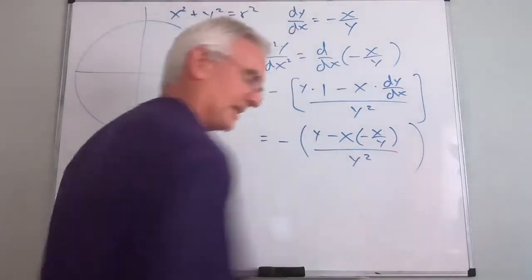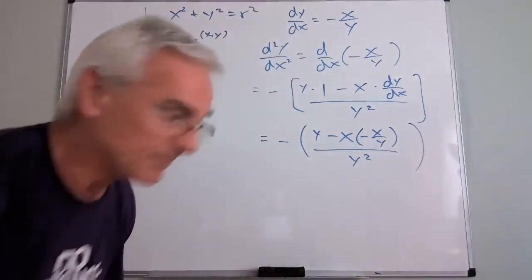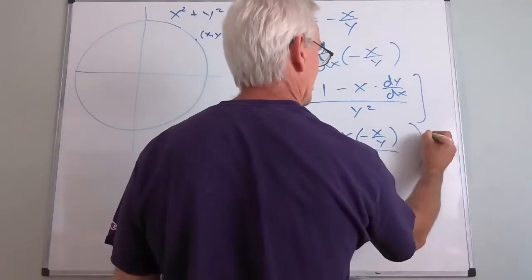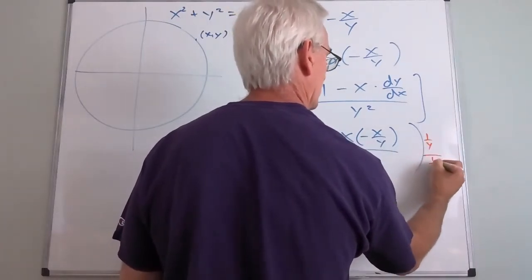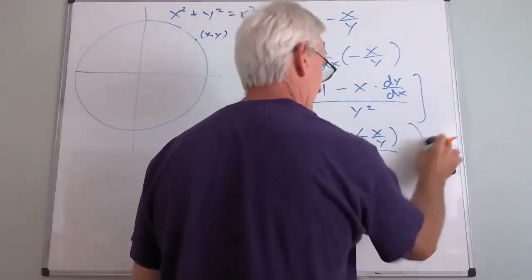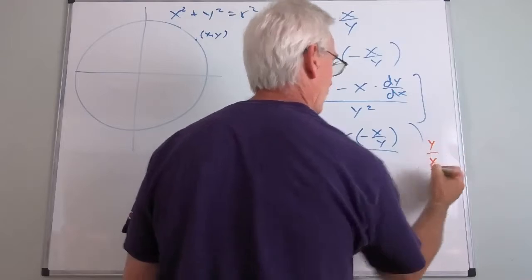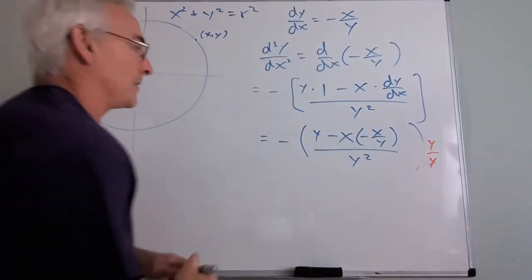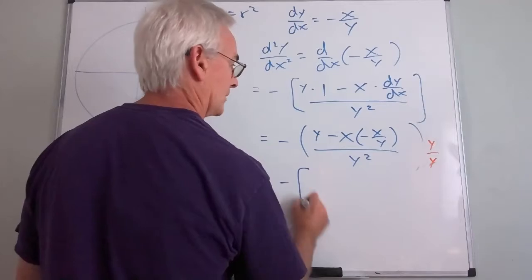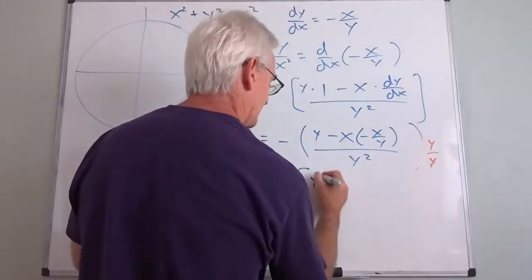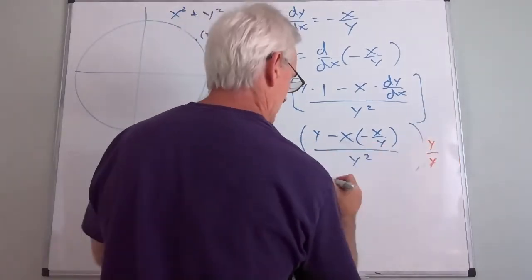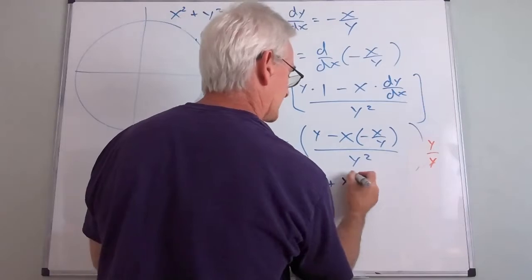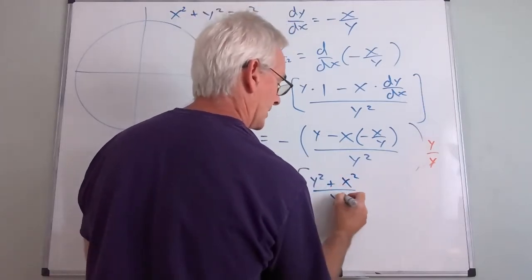Don't really like this. How can I deal with that most effectively? Multiply top and bottom by, oops, sorry, not 1 over y, sorry. Multiply top and bottom by y over y. Now when I multiply that y in there, I'm going to have negative y squared plus x squared over y cubed.